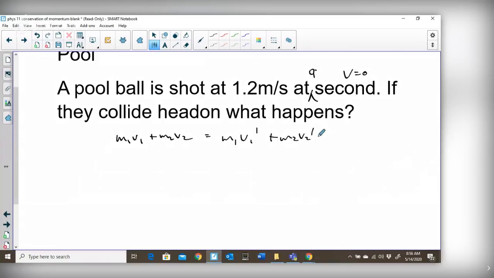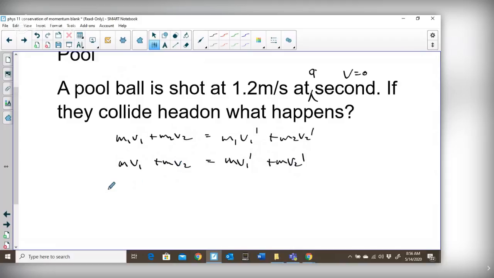All right, what do we know about pool balls? Do we know the mass of a pool ball? In this case, we know that the mass of a pool ball will equal the mass of another pool ball. I mean, that's the whole purpose in pool, that the balls have all the same mass. So m1 will equal m2, which will equal m1 and m2 over on this side, which means that we could rewrite this as mv1 plus mv2 is equal to mv1 prime plus mv2 prime.